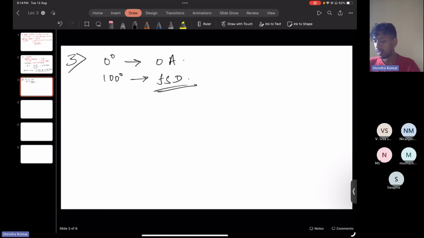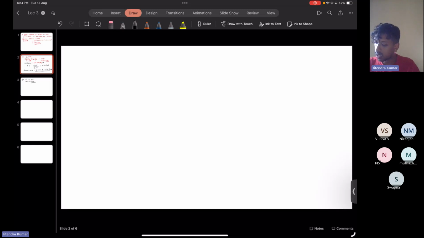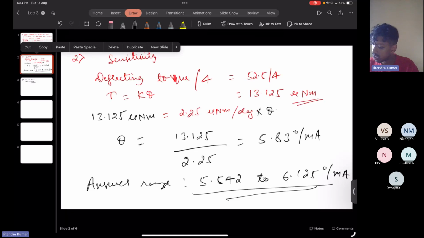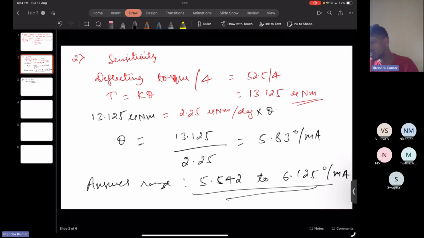In the last problem, corresponding to how much? 5.83 degree, there was 1 milliampere. That is the definition of sensitivity.